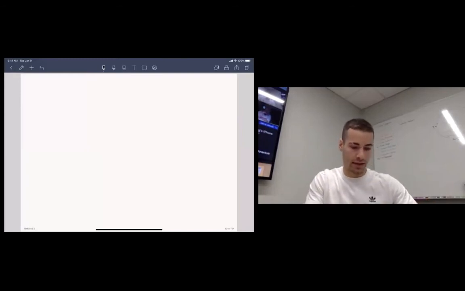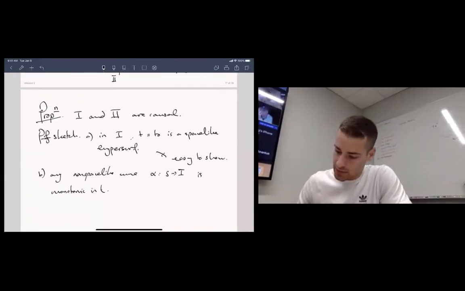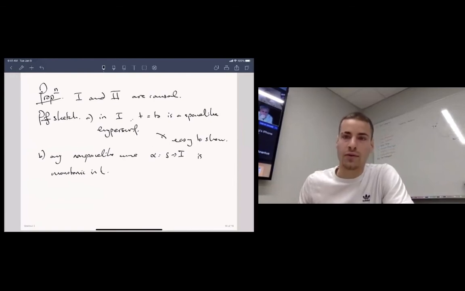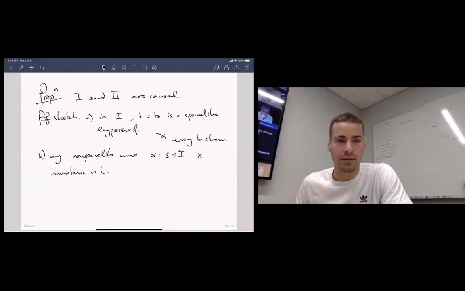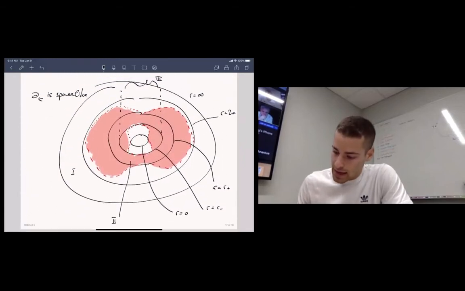What's interesting about this actually is that a similar proof sketch works for region 2, but those who are sufficiently awake amongst you will suddenly realize, but wait a minute, you just told me that dt is space-like in this shaded region, which definitely intersects region 2. So what's going on?